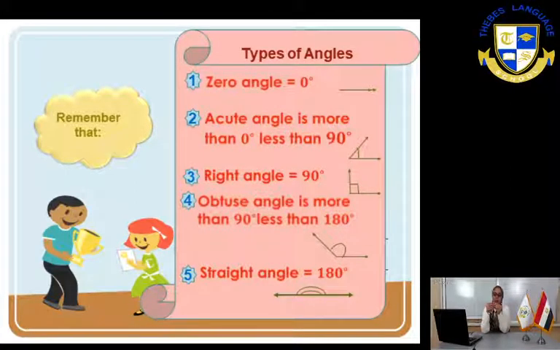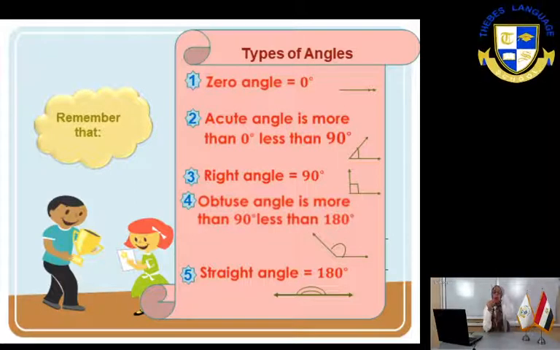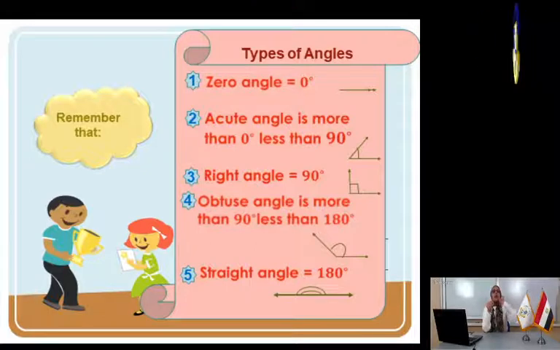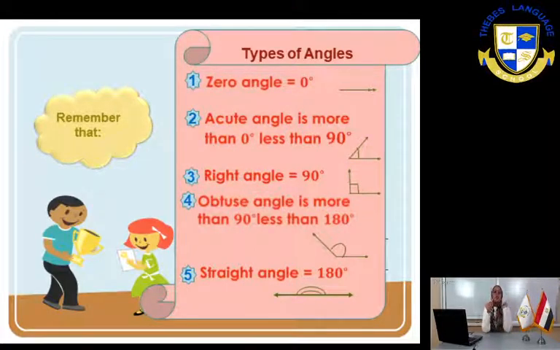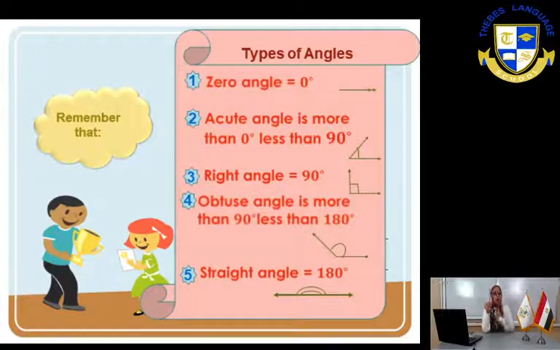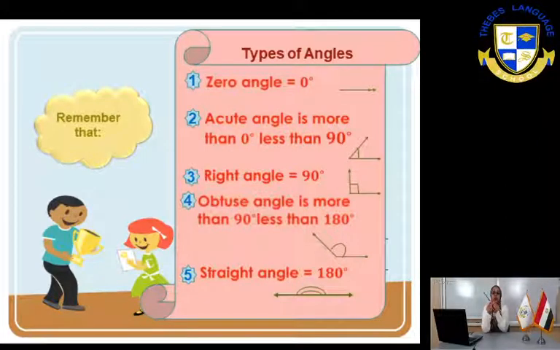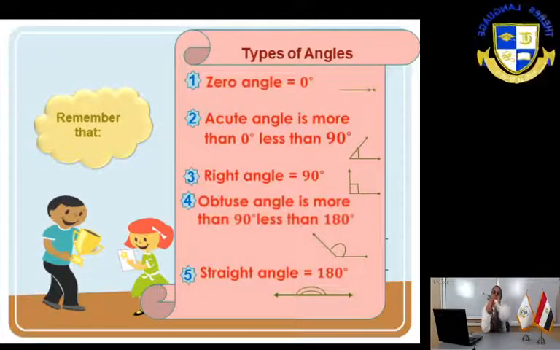But if these two rays stand in a right way like that, it will form a right angle, and the right angle equals 90 degrees exactly, not more, not less. If you open it more than 90, we have a big space here.